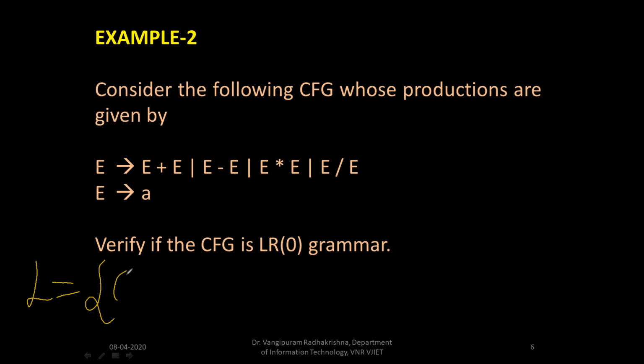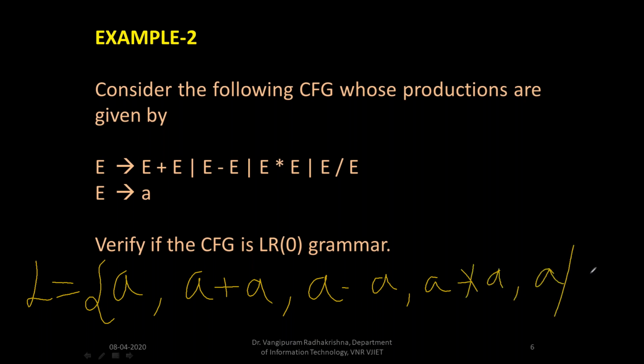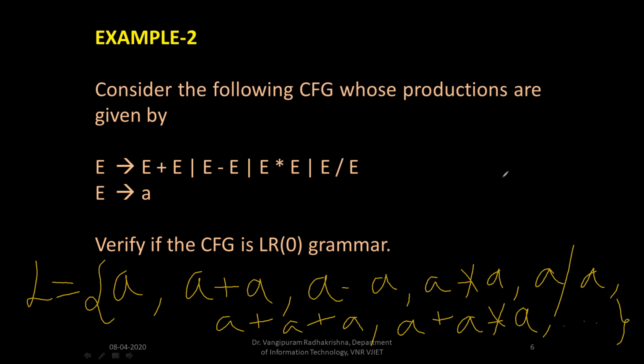Some of the strings which are possible here would be A. As usual, you can say that it is A plus A. You can have A minus A. Apart from A minus A, you also can have A star A, A slash A. Then you can have A plus A plus A. You can have A plus A star A, and so on. There can be any set of strings which are possible.